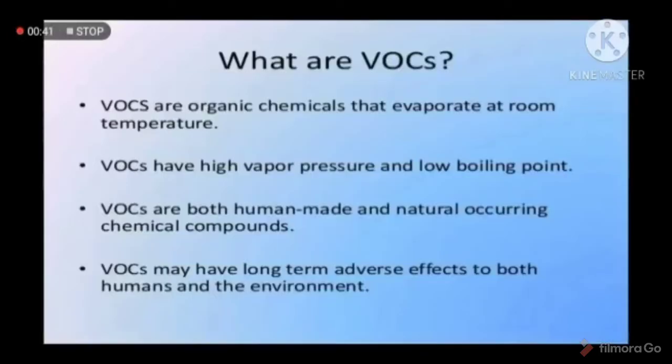So let's move on to volatile organic compounds or VOCs. VOCs are organic chemicals that evaporate at room temperature. VOCs have high vapor pressure and low boiling point. VOCs are both human-made and naturally occurring chemical compounds, and they may have long-term adverse effects to both humans and the environment.